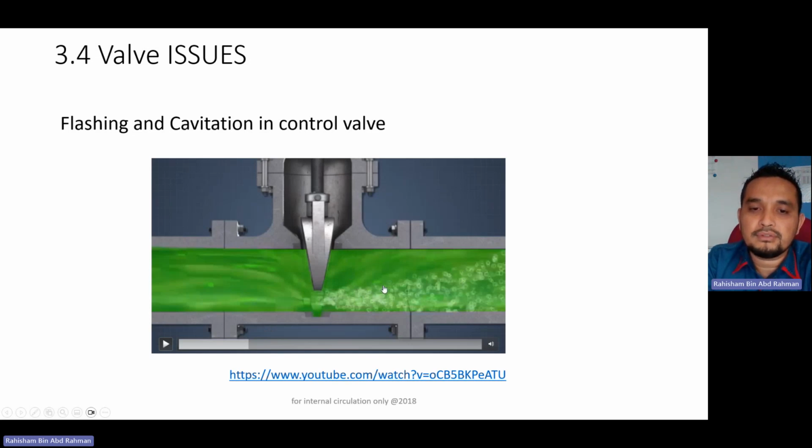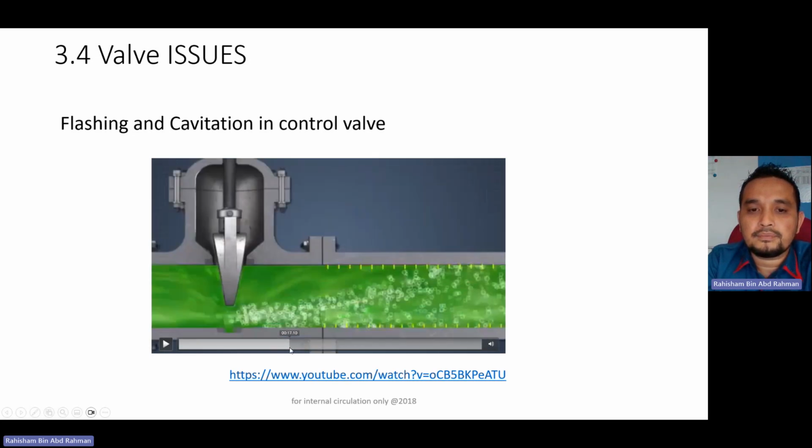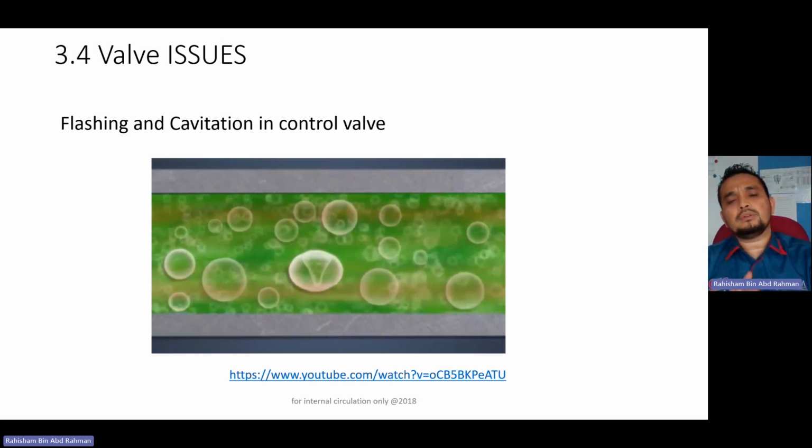What happens next after it forms the air bubble? This is the region with the greatest pressure loss, and then along the line it will recover, and the pressure will gradually increase. What happens when the pressure increases? For simplicity, you can imagine you have a balloon.